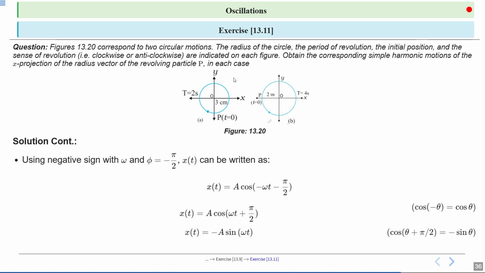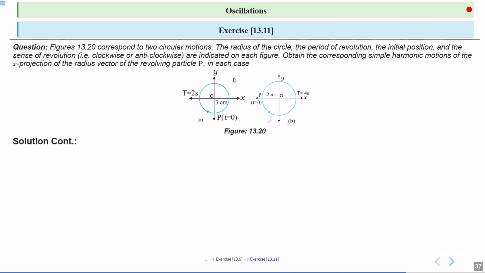So x of t is equal to minus a sine omega t, as we know cos theta plus pi by 2 is equal to minus sine theta. Now we have this equation, x of t is equal to minus a sine omega t.